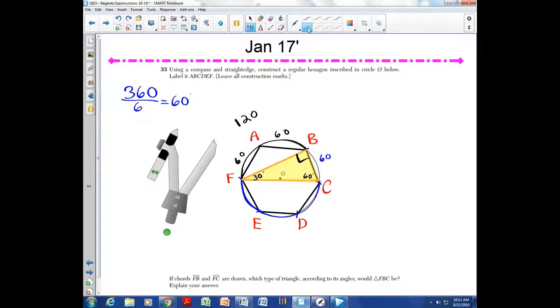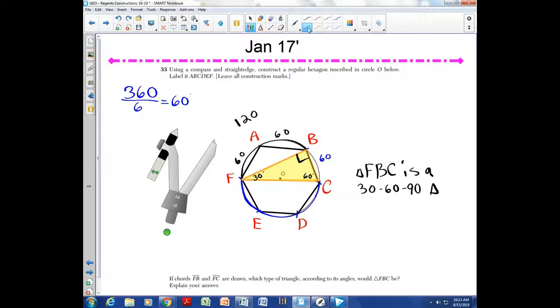So we could see right now that there are many ways we can describe this triangle. Well, one, you can say triangle FBC is a 30, 60, 90 triangle.